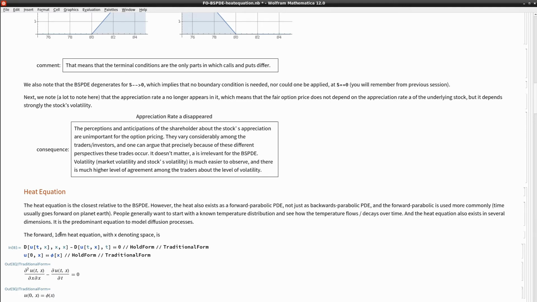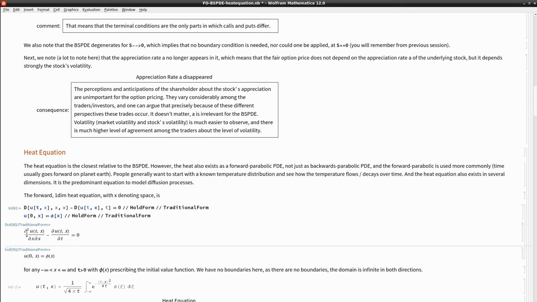The forward one-dimensional heat equation with x denoting space is this equation here. And you will see that we are talking about a second derivative by space and a first derivative by time. It basically means the second derivative by space is the same as the first derivative by time.